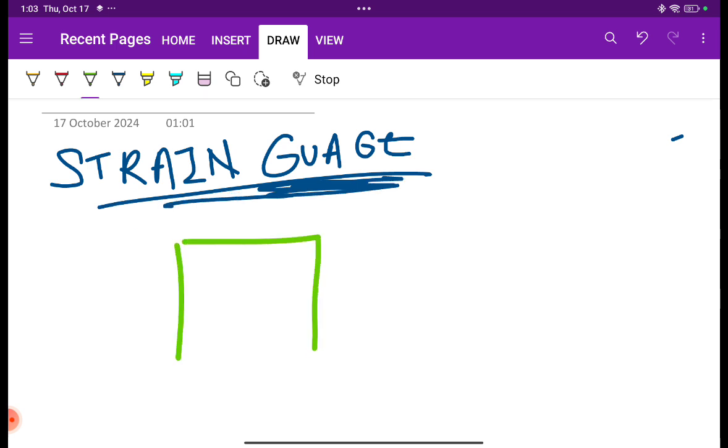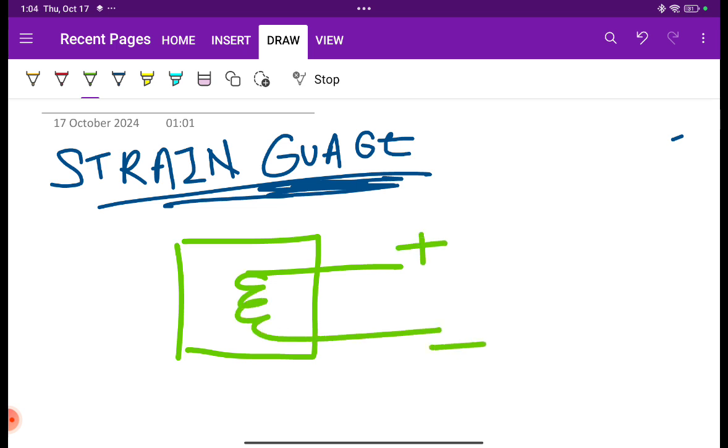This is our device, strain gauge. We have one positive and one negative terminal. Consider R1 is the resistance of the gauge before deformation, and R2 is the gauge resistance after deformation.